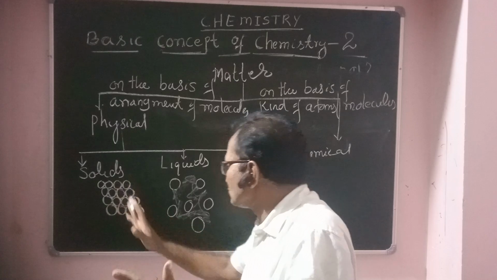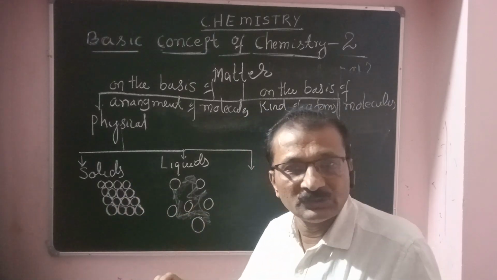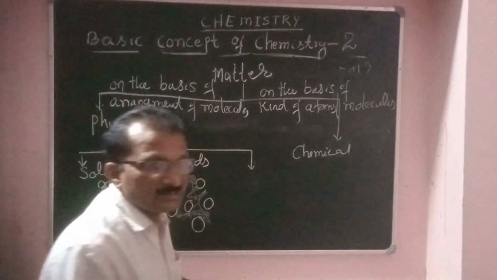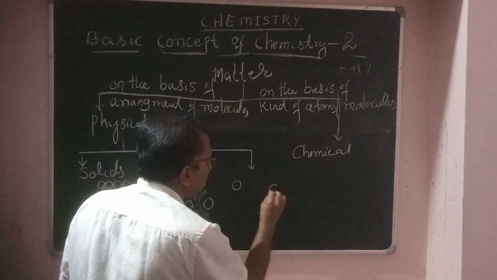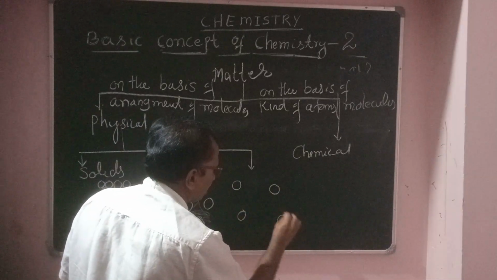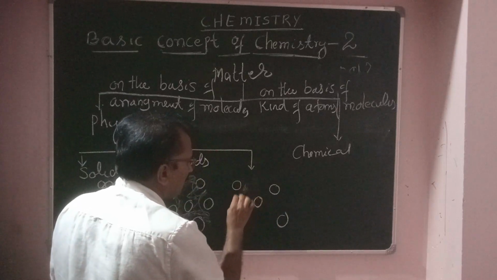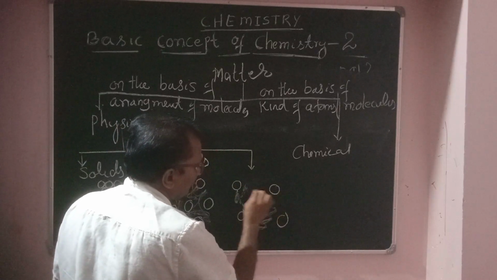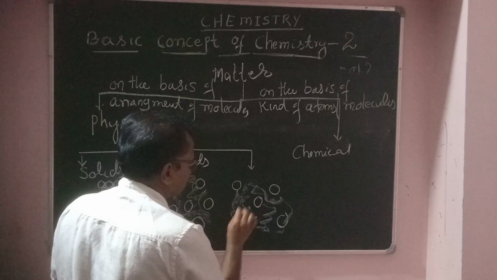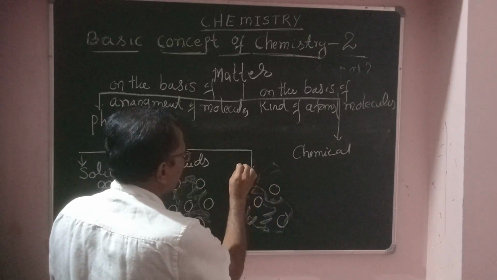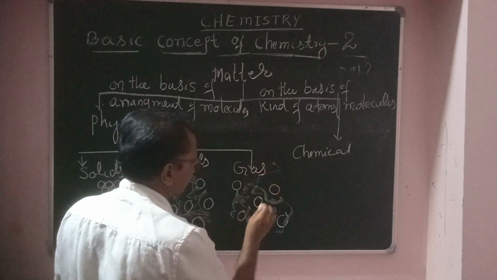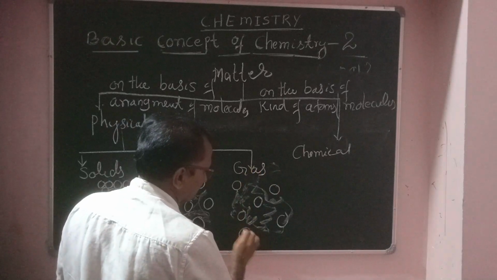Not so close, not even loose. Here there is no real arrangement. They are arranged very freely, here one molecule, here one molecule, with a large space between the molecules. This is called gas.